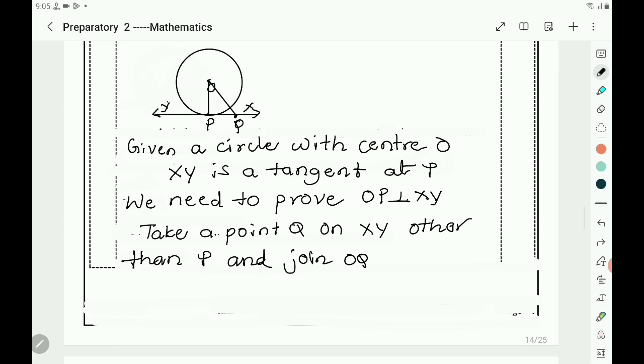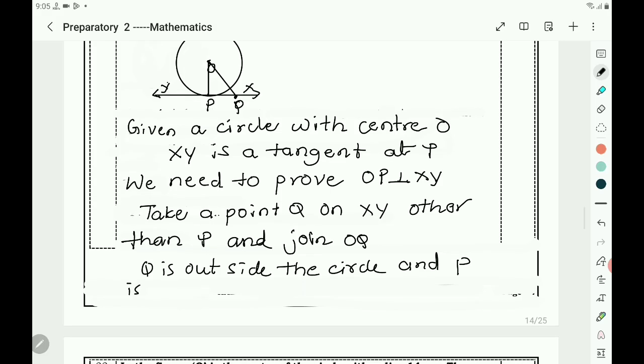So Q is outside the circle, and P is on the circle. Therefore, OP is smaller than OQ.